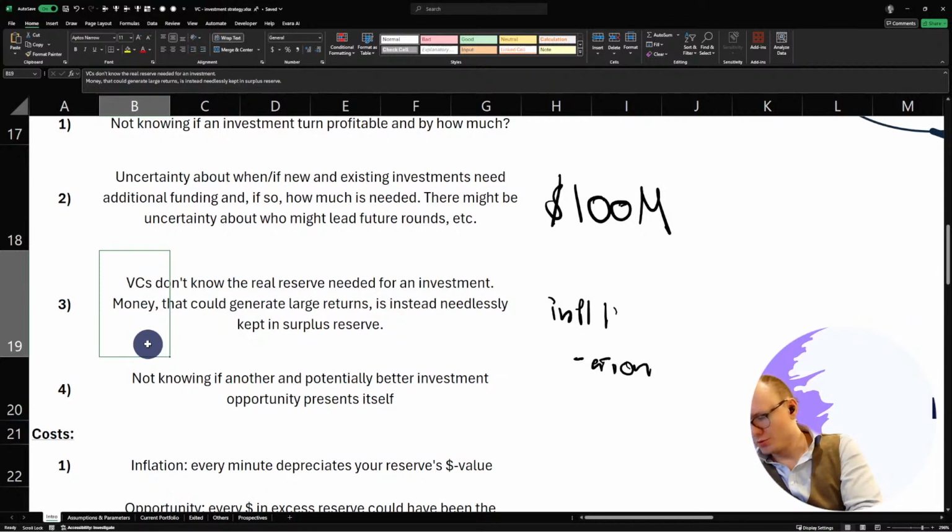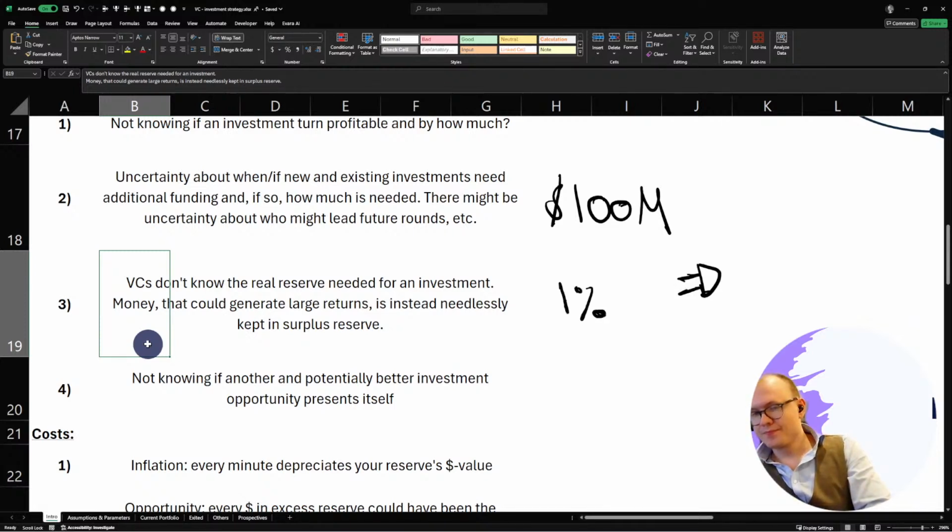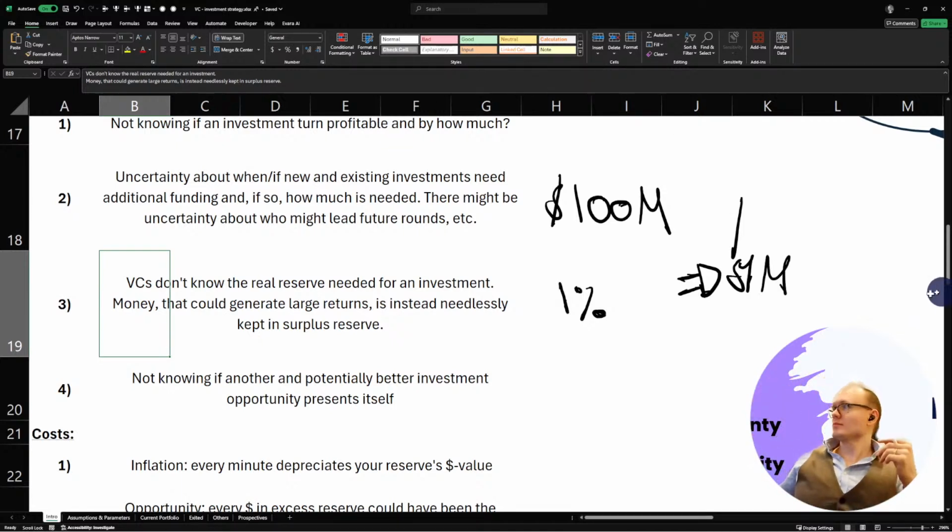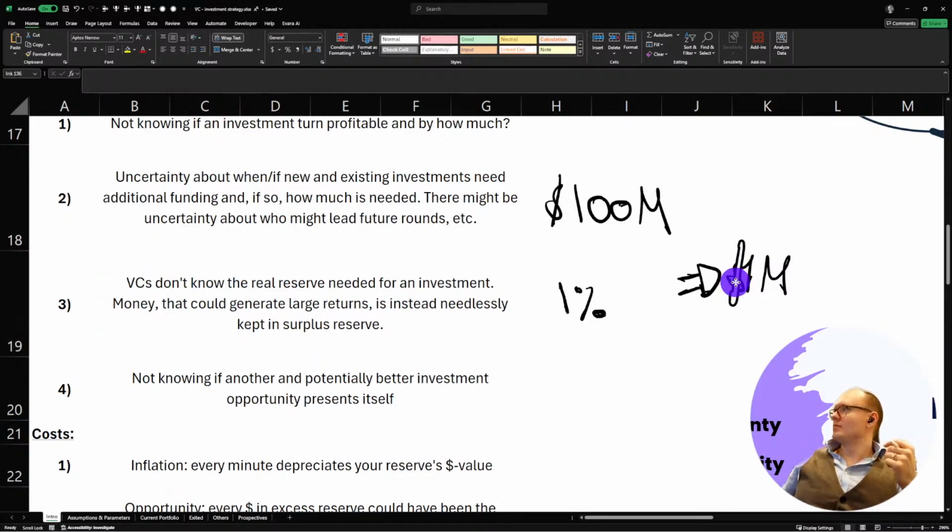Wow, that also really jumps down there. I need to see if I can figure out the proper alignment of these, because it's not really that easy. But if we have a 1% inflation, what that means, perfect, is that we'll lose $1 million just due to inflation. Right? So there we go. Perfect. So that's obviously quite impactful.